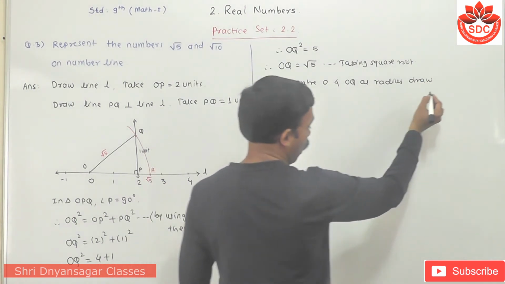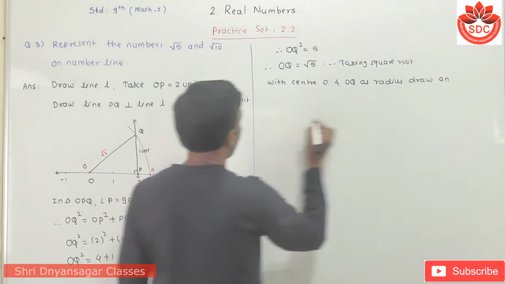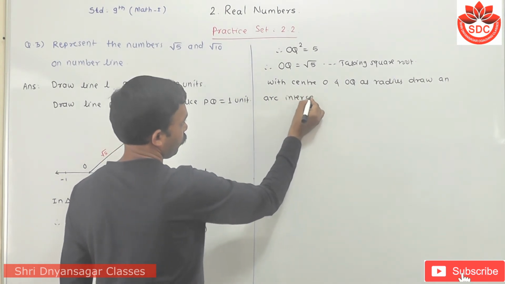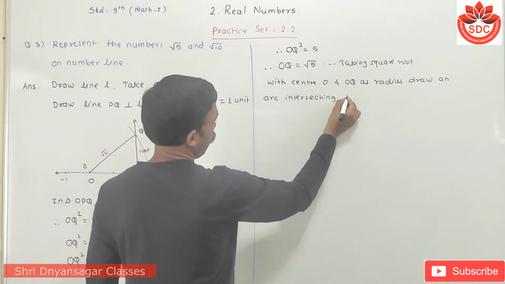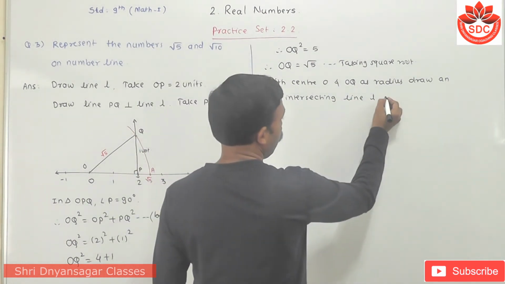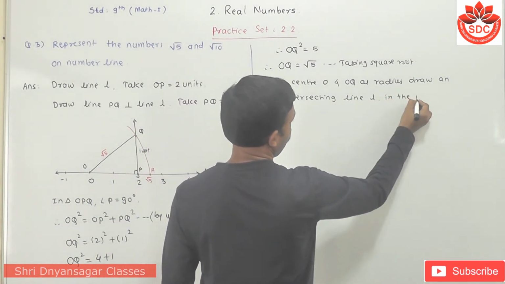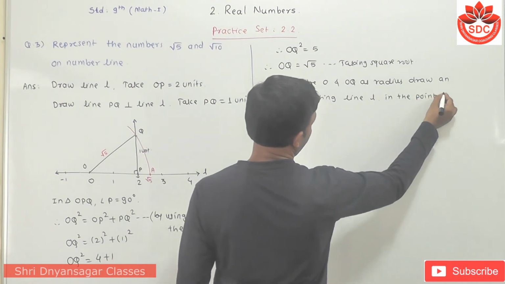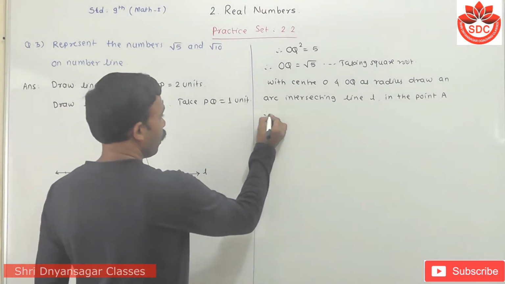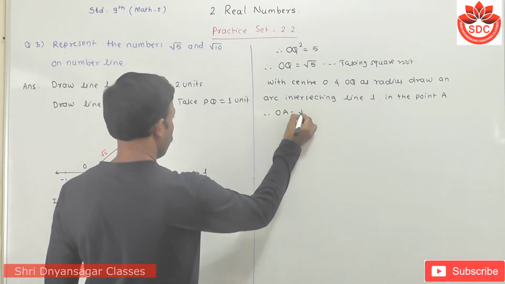draw an arc intersecting line L in the point, we take here point A. Therefore, OA is equal to how much?